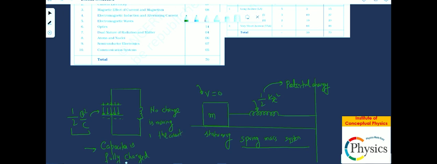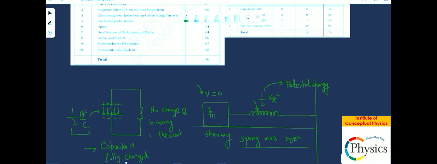So the mass and the charge q are analogous to each other. Since there is no charge flowing on one side and no mass moving on the other side, these are equivalent.